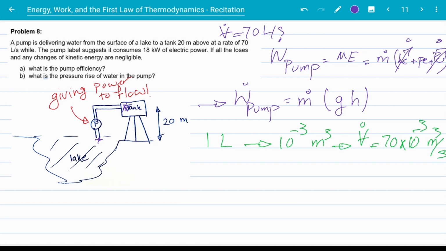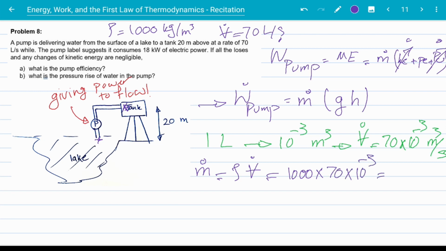Now I know that my mass flow rate is density times the volumetric flow rate. Density of water is always 1,000 kilograms per meters cubed. So it's 1,000 times 70 times 10 to minus 3, which is 70 kilograms per second. So we found the mass flow rate.